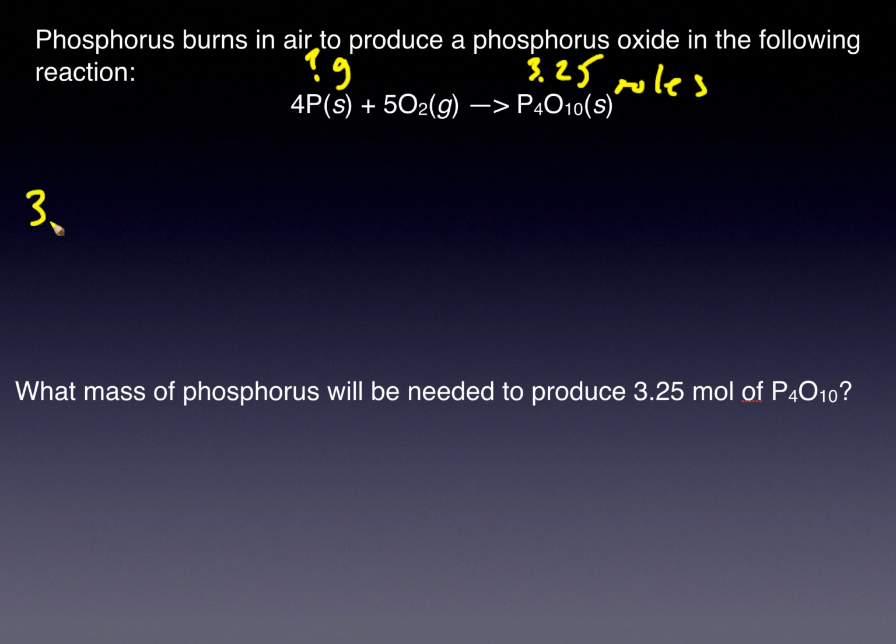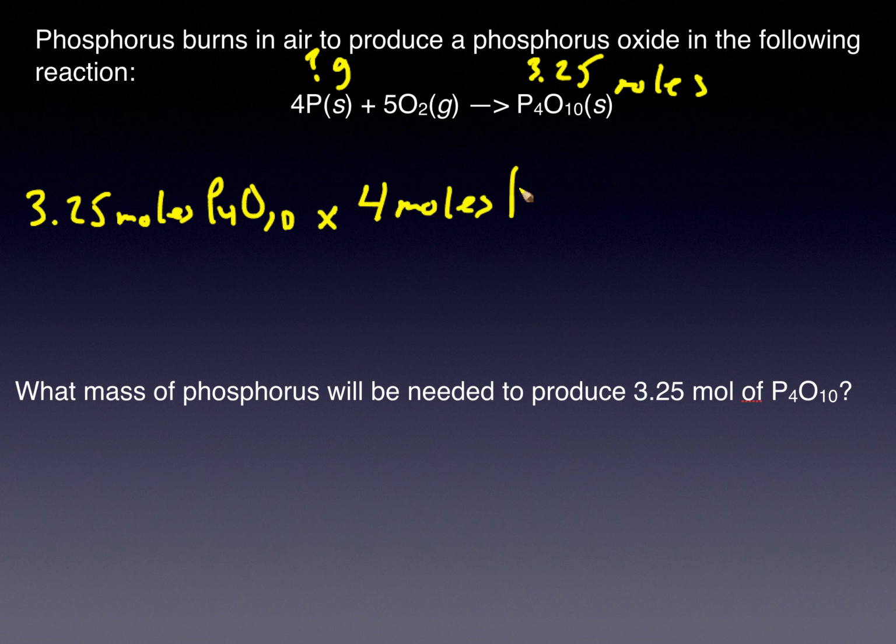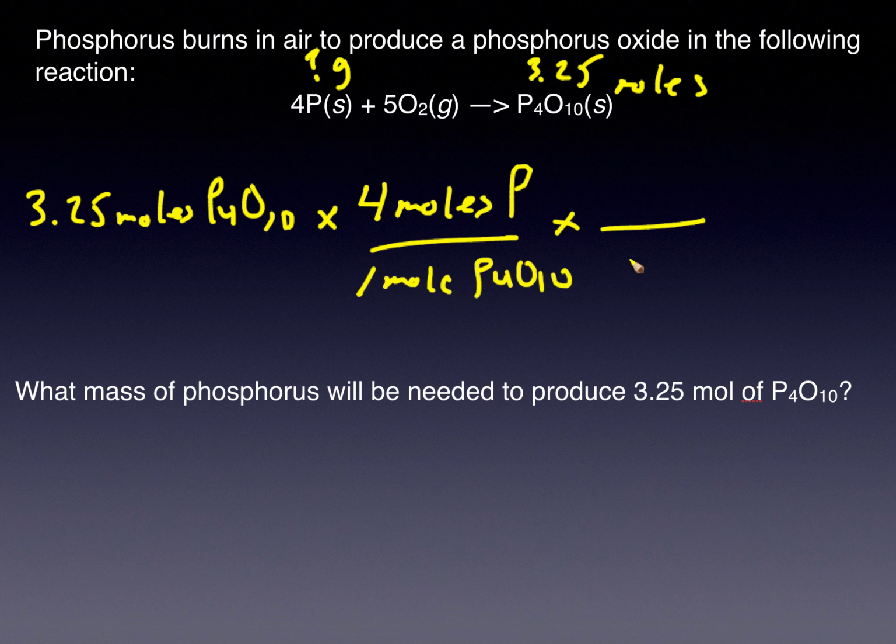So we have 3.25 moles P4O10. We're already in our easy pass station here. We could use our mole ratio or our bridge. So go over our bridge. So 4 moles of phosphorus all over 1 mole of P4O10. Now we want to go to grams, so it'll be 1 mole of phosphorus on the bottom.